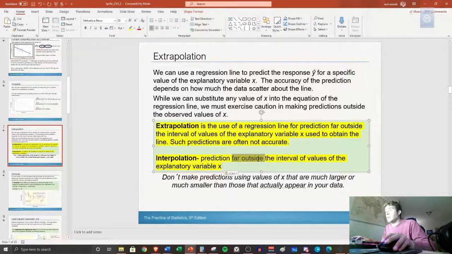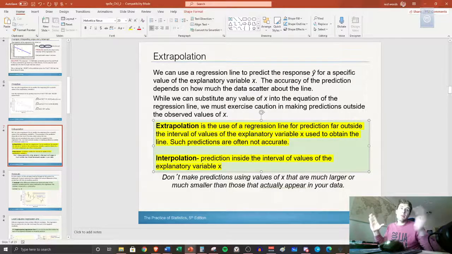Prediction inside the interval of values for the explanatory variable X. That's what we just did on number 29. That was an interpolation, because that was within the range of X values, right? The line, there were values above and below it, so that was an interpolation, which is a little bit better at making predictions. It's still off a little bit, but it still helps us a lot with that.